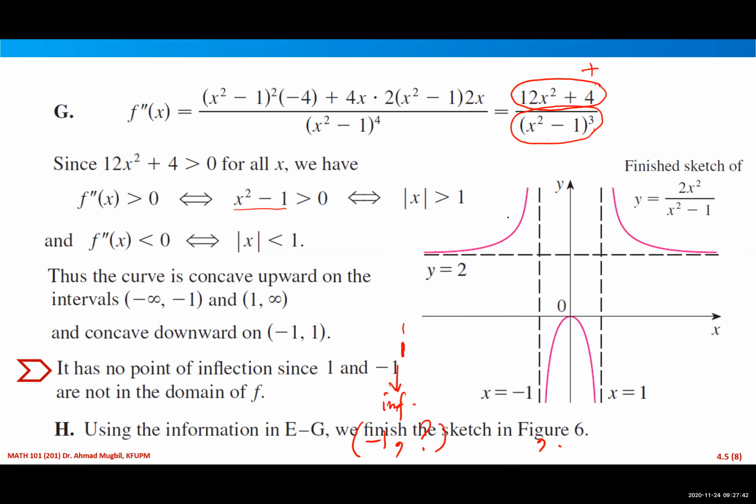Is it concave up here and there, down here, increasing, decreasing, local maximum, local minimum? Check everything. Is it symmetric about the y-axis? Because you know from the beginning that it is even. Look here, this is the y-axis. It is symmetric. It is like you have a mirror, and this is just the reflection of that one.